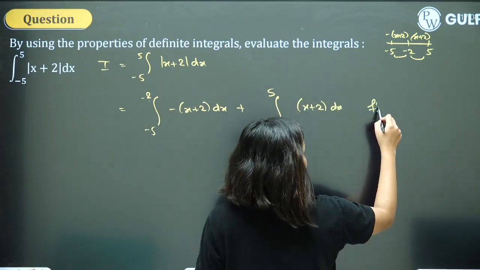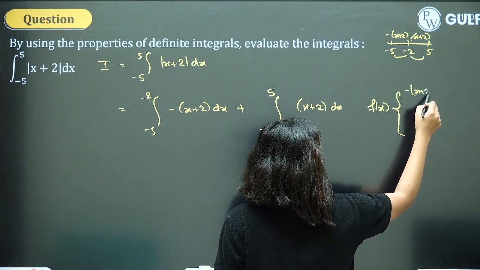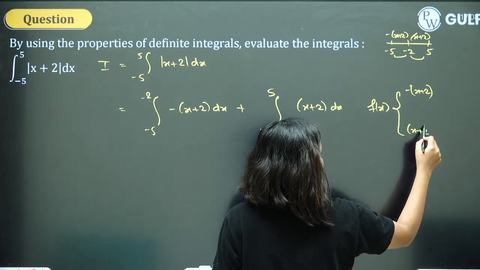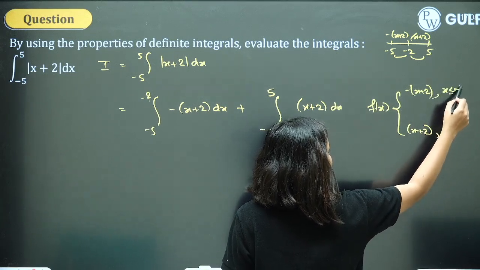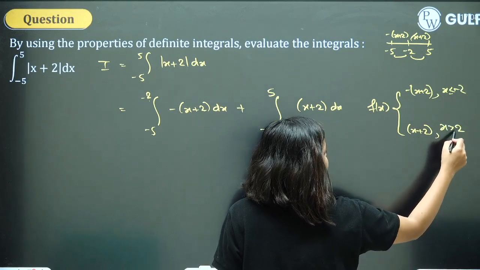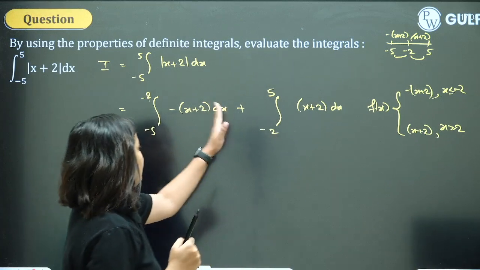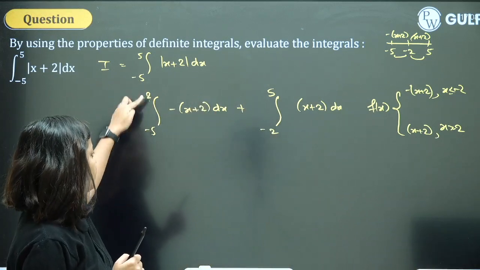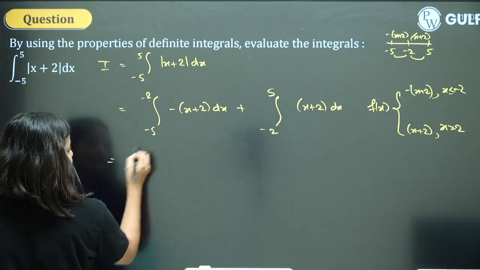Well, I'll write it again here. f of x has two values, minus and plus. Mod means split. Minus when x is less than or equal to minus 2, plus when x is greater than minus 2. So less than minus 2, minus 5 to minus 2, negative. Now easy peasy lemon squeezy.